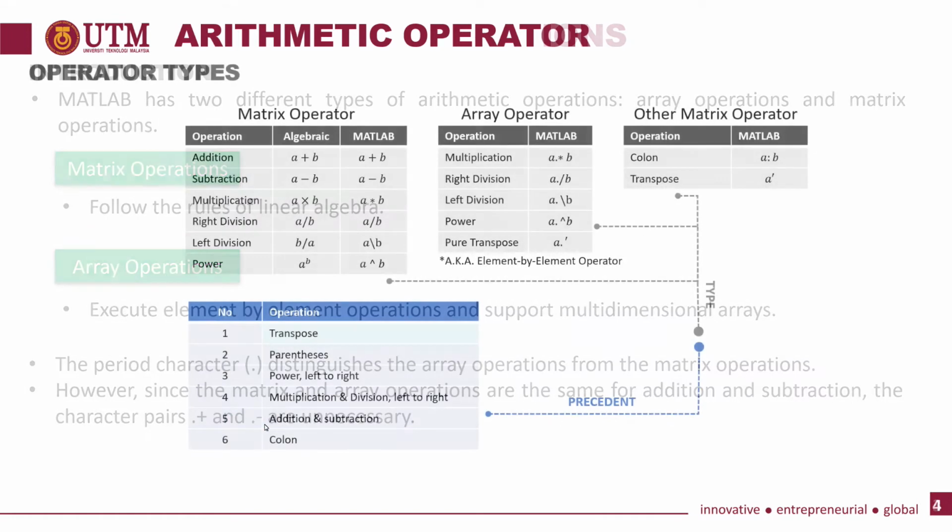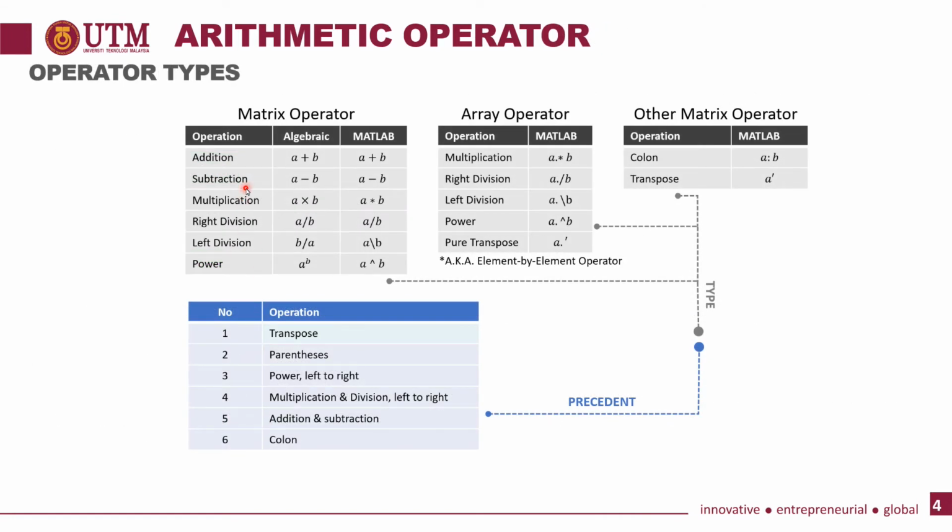Alright, so these are the operator types used as arithmetic operators inside MATLAB. This is basically the algebraic form, the one that you learn in mathematics. For example, for addition you use plus, similar to MATLAB. Subtraction you use minus, similar to MATLAB. Multiplication you use a cross, but in MATLAB you need to use a star. Right division is the same thing.